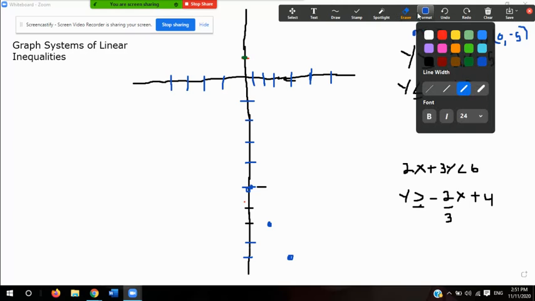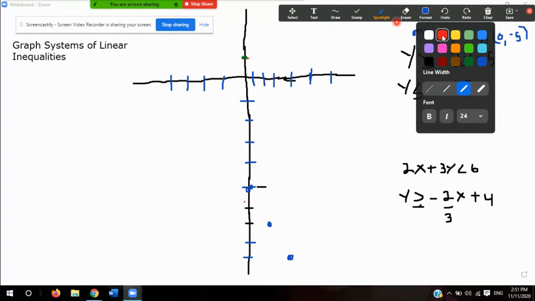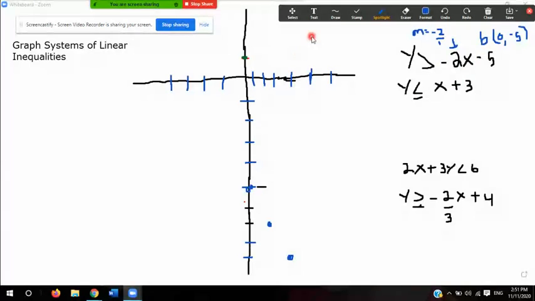Now it's going to be a dotted line. And the reason it's going to be a dotted line, guys, is because if I look at this inequality, it's saying y is greater than 2x minus 5. It's not including it. So it's going to be a dotted line. And I'm going to use red for it. So this is going to be a red dotted line. And it's going to continue down here. A red dotted line.